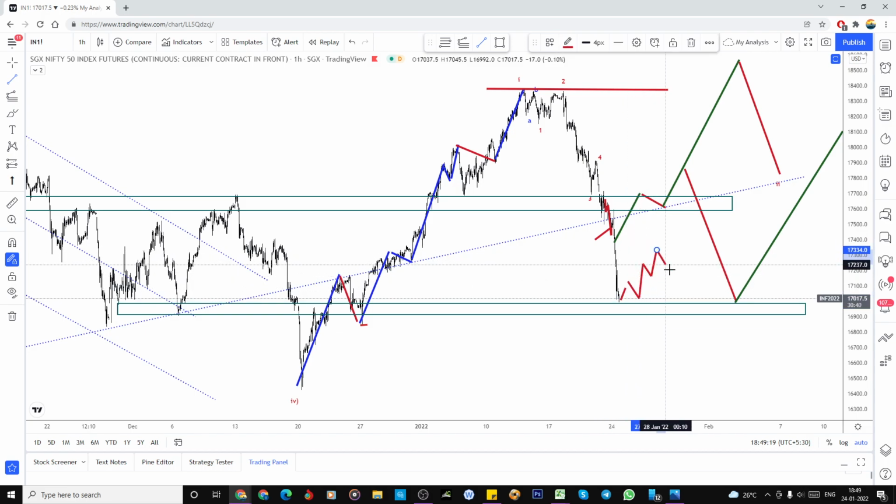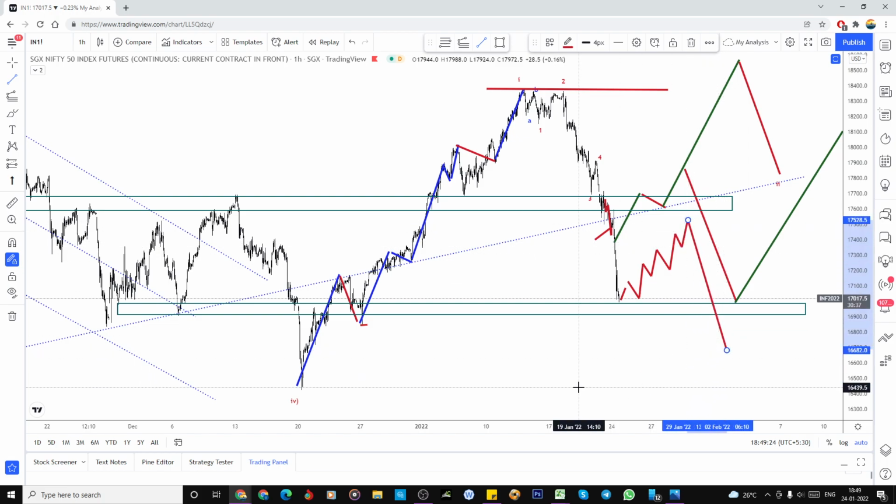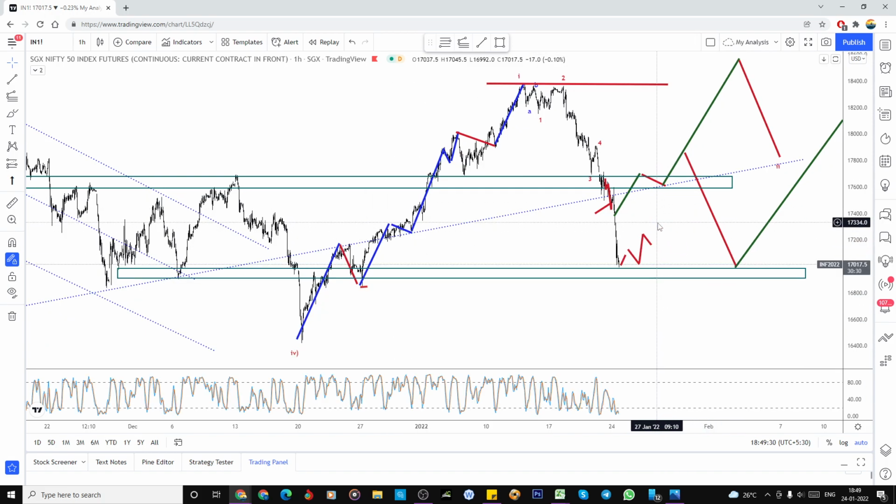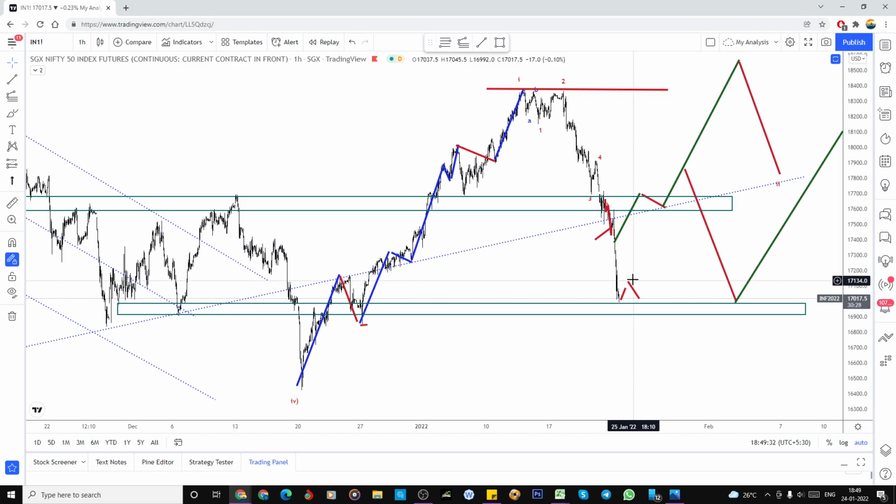If it is going like this, then definitely there will be one more low. So what I'm expecting here in the price action and the structure, it may be a V reversal, and it may retest this trend line later on a three-wave structure, and it has to bounce.